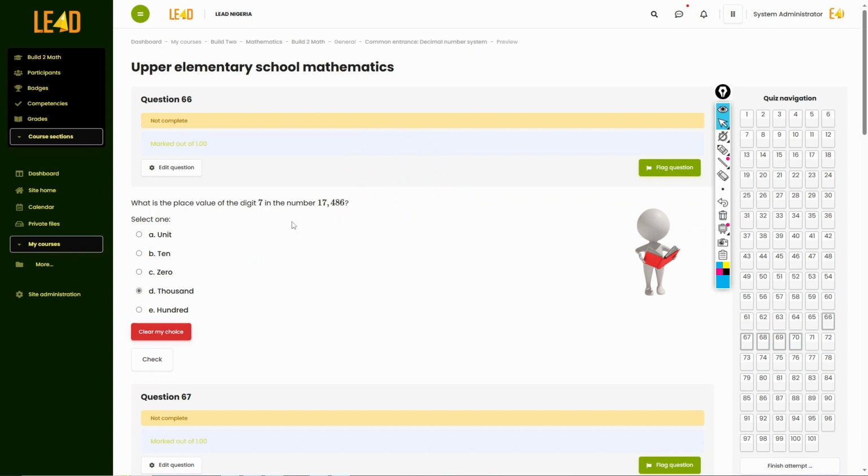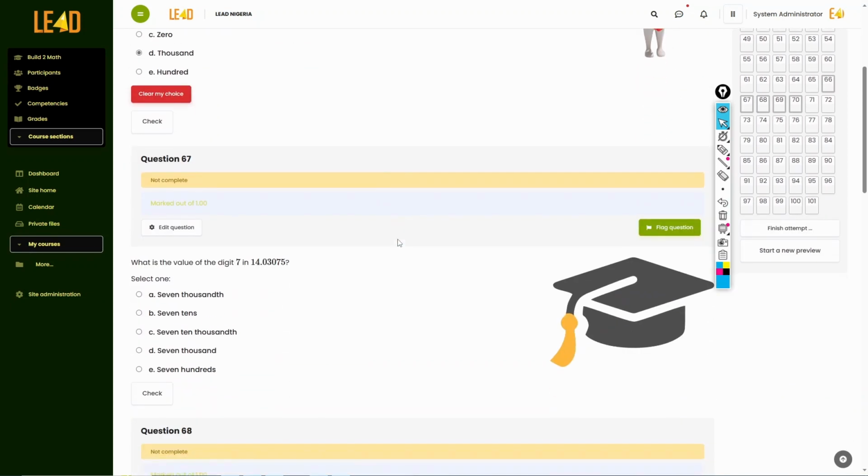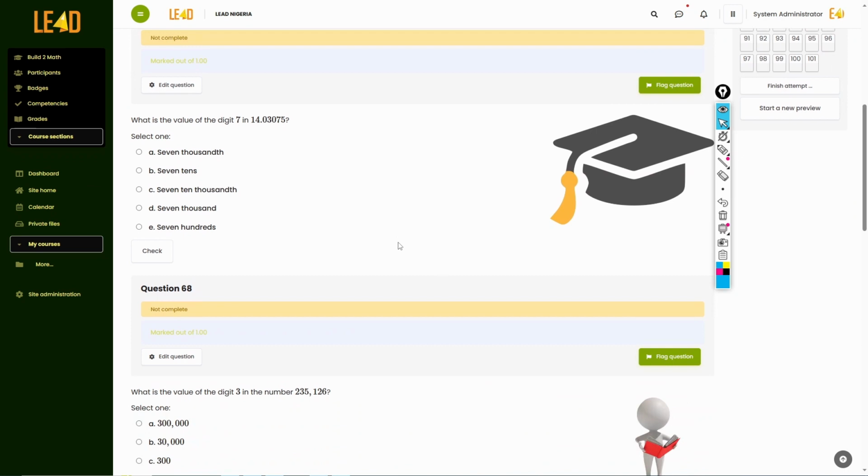So we need to learn to read our place value. You should memorize it from units all the way to trillions. What's the value of the digit 7 in 14.03075? The 7 is on the decimal part.